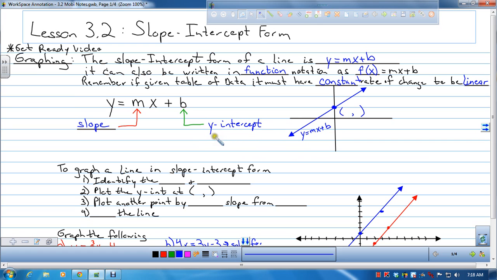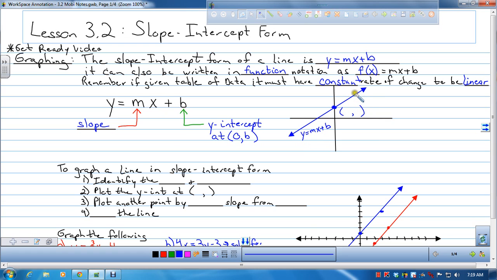And remember that the y-intercept occurs at a point where my x value is 0 and my y value is whatever that b is. If it's positive, we go up for that b. If it's negative, we go down for that b, right? So here's just a little illustration. Y equals mx plus b.